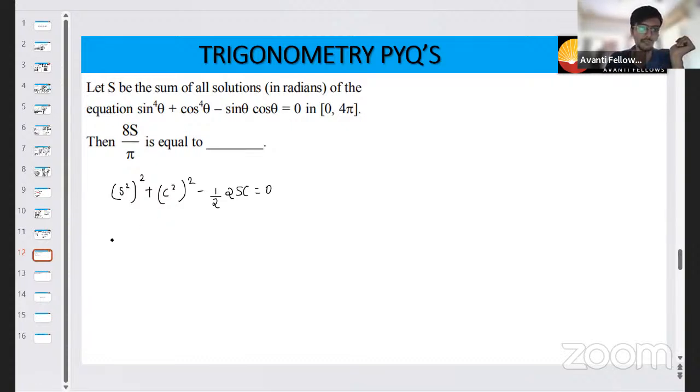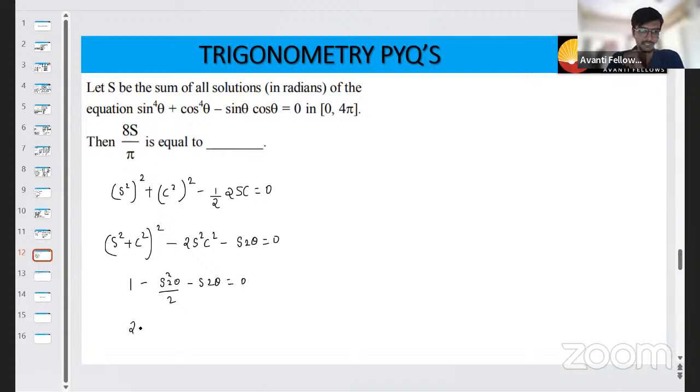So a square plus b square is a plus b the whole square minus 2ab, minus this will be sine 2 theta. This is 1 minus sine square 2 theta by 2 minus sine 2 theta equals to 0.